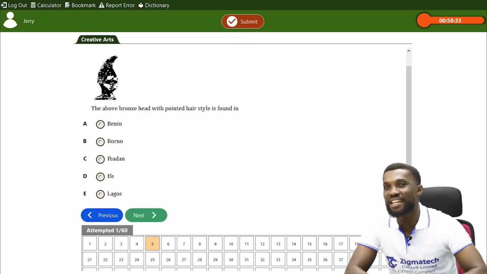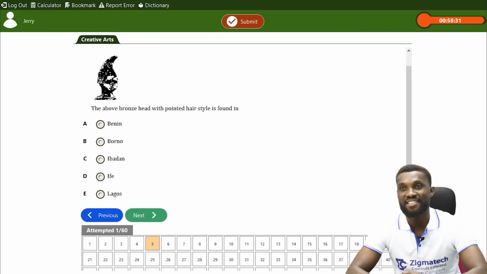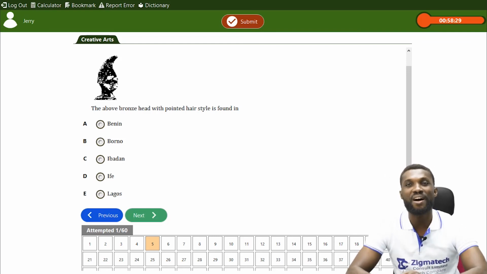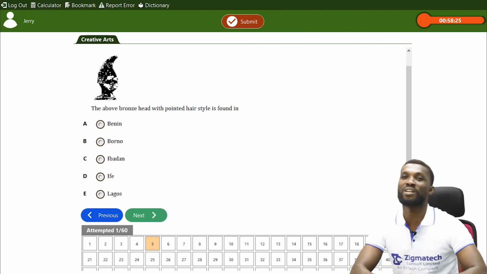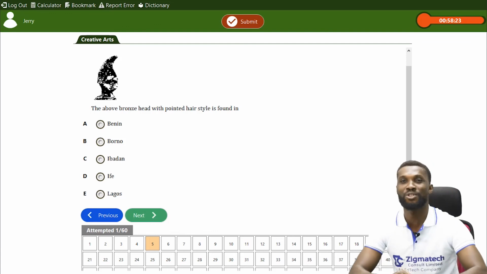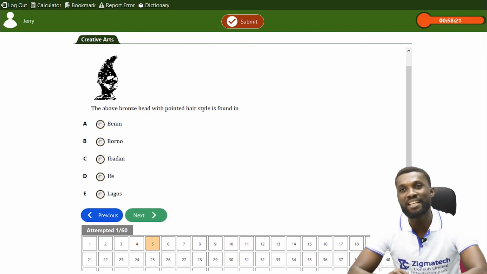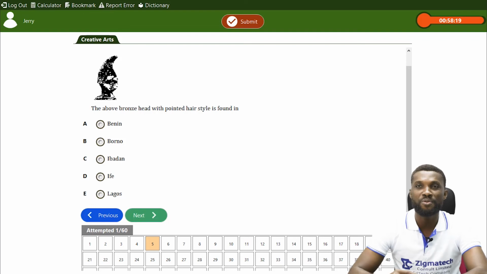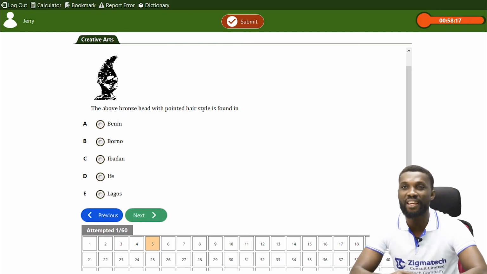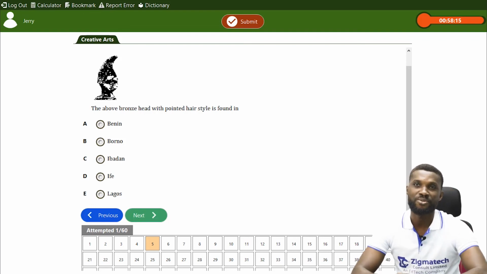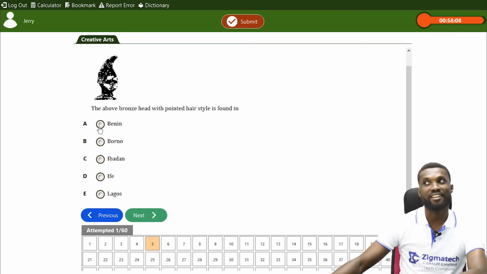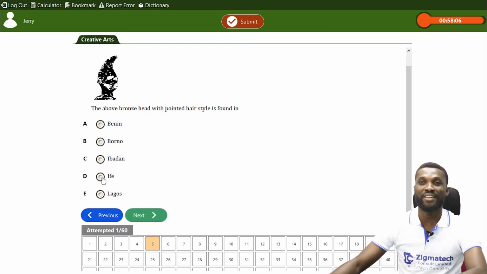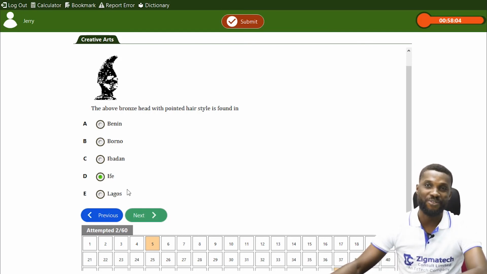Now, the above bronze head with pointed hairstyle is found in which of these places? We have Benin, we have Borno, we have Ibadan, we have Ife, and then we have Lagos. So, which of the arts do you think has this head? If you say Benin, you're wrong. If you say Ife, you are correct.